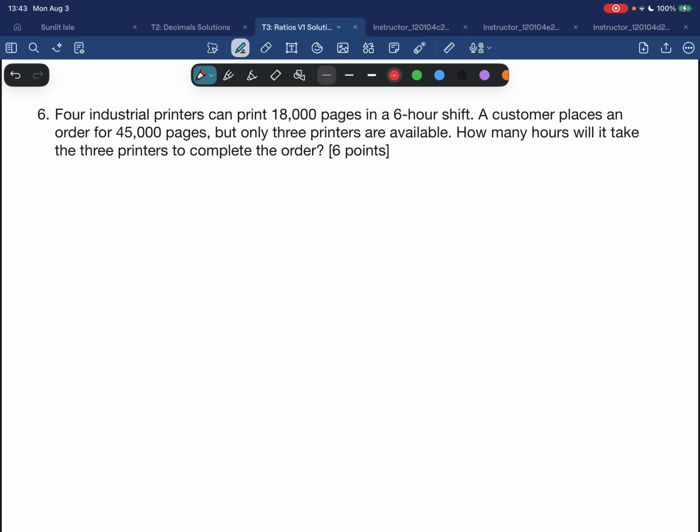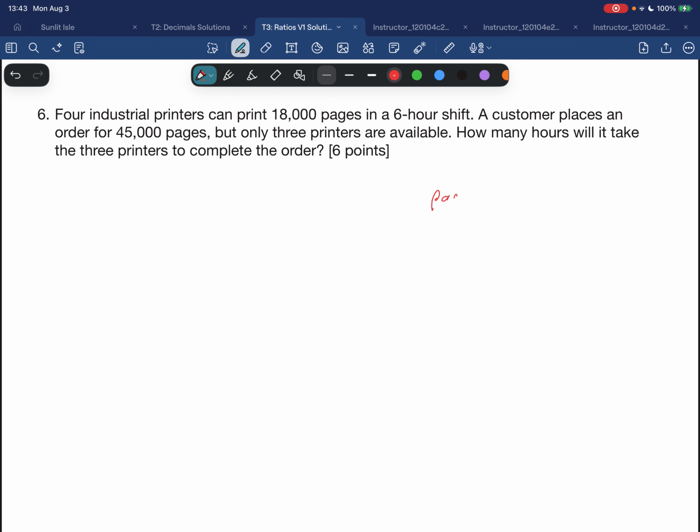So we must solve something we do know first. What we do know is that 4 printers can print 18,000 pages in a 6-hour shift. So we can set up a proportion and solve it for pages to hours. So I'm going to do that first.